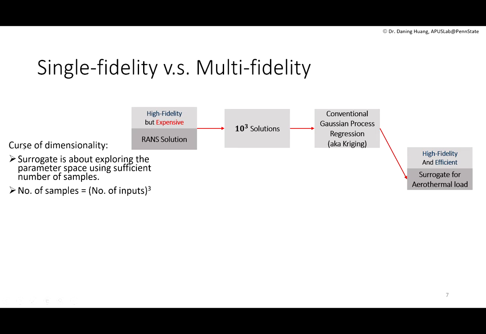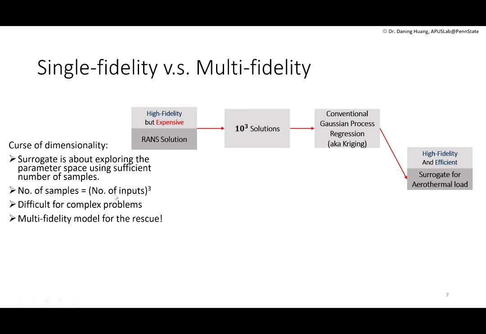However, we would encounter this problem of curse of dimensionality, because our surrogate, as an interpolation model, is just exploring the parameter space of our interest using the number of samples that we give to the model. And this number of samples is increasing in an exponential or polynomial order, depending on the number of inputs.